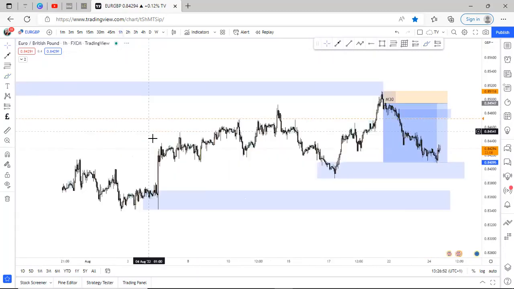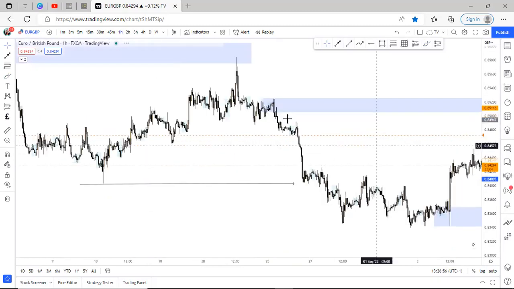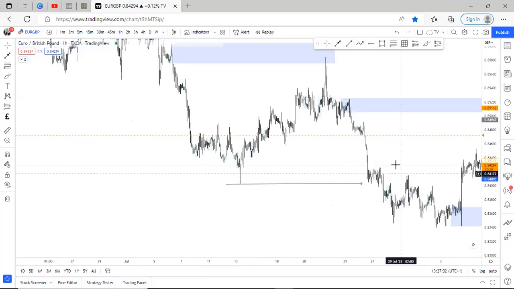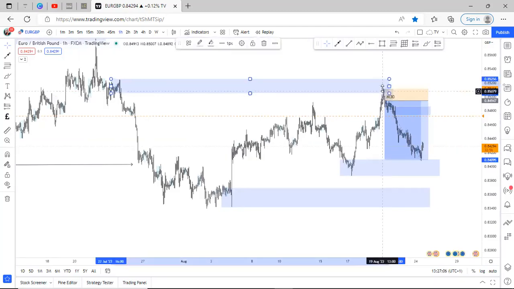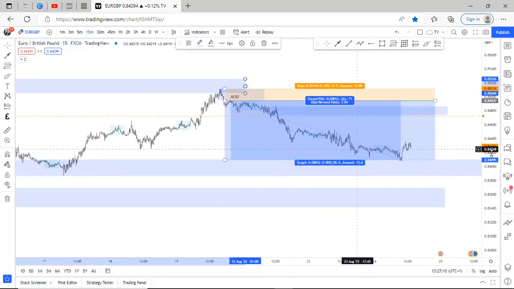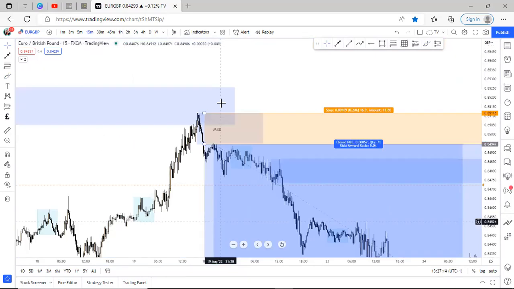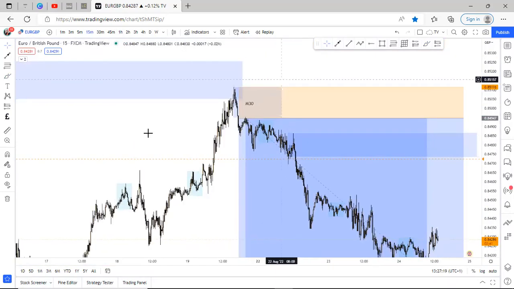I think there was a particular time frame that this supply was actually clear, I can't remember the time frame, but there was a clean supply zone right here, and as you can see, price has tapped into the higher time frame supply, and this didn't actually give the best confirmation, but I was, should I say, lucky to get into a sell trade regardless.